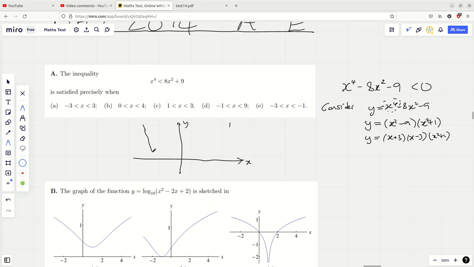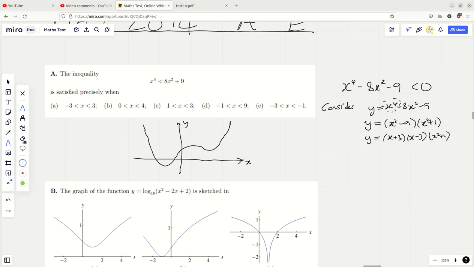So we know it's going to come down here, go up there, and then I guess it hasn't got any more intersections with the x-axis. Now it might actually be the case that it looks like that, but who cares? It doesn't matter. Maybe it's something more like that, but it does not matter for the purpose of this question. We haven't got to worry about that.